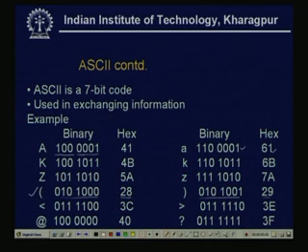Now, if it is an operator, say less than or greater than, then it also has some ASCII code. These are the ASCII codes of less than, greater than, and at the rate; the hex code for at the rate is 40. Similarly, the ASCII code of the question mark is 3F.